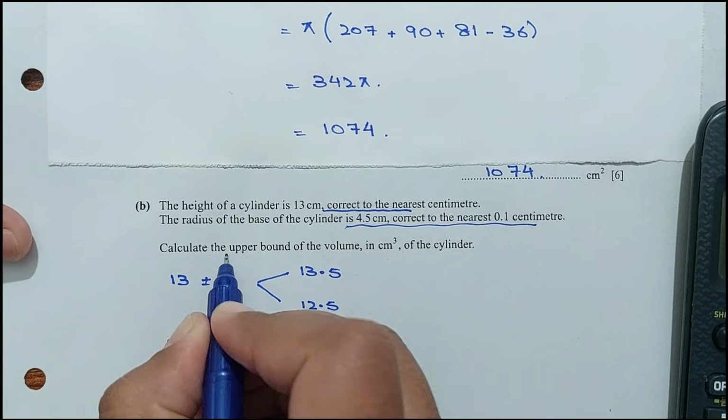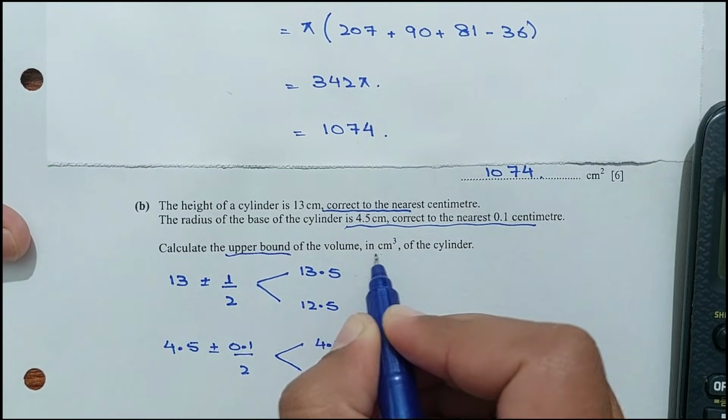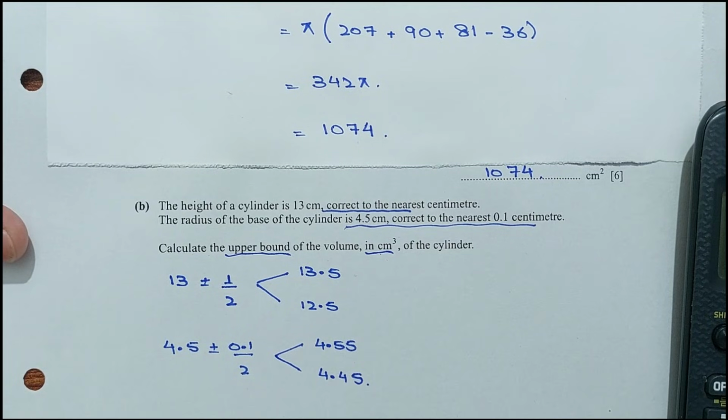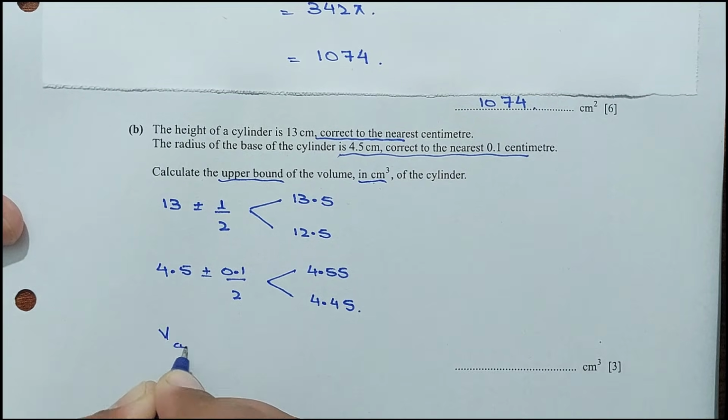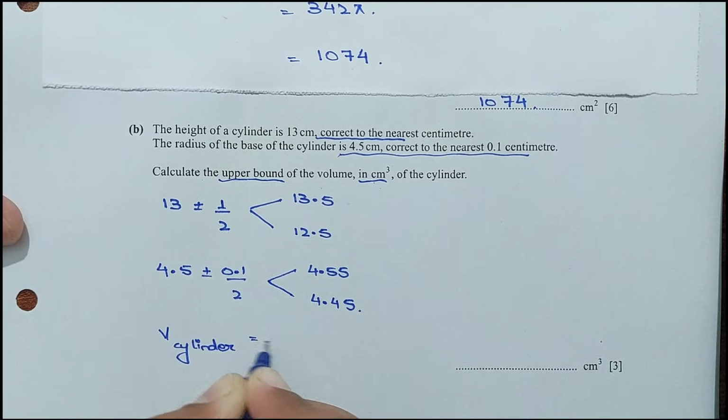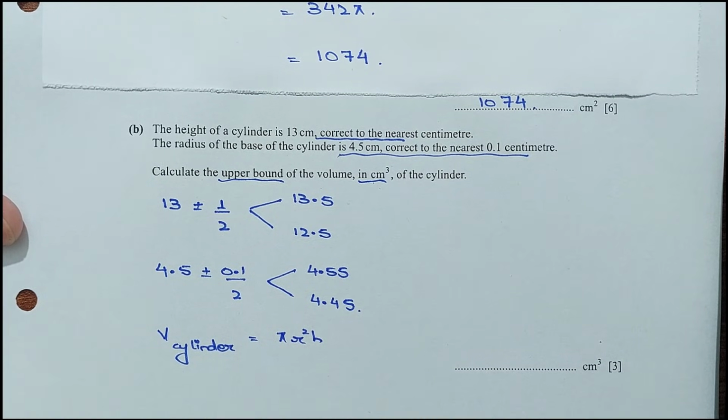Right, calculate the upper bound of the volume in centimeters cubed of the cylinder. So we have the formula for the volume of a cylinder, which is equal to pi r squared h, right? So we have to solve for the upper bound, using the upper bound of the radius and the upper bound of the height. So this would be pi.